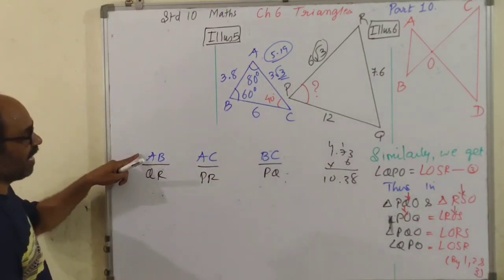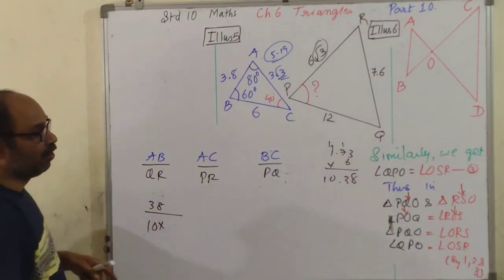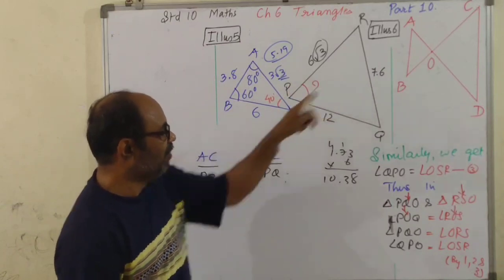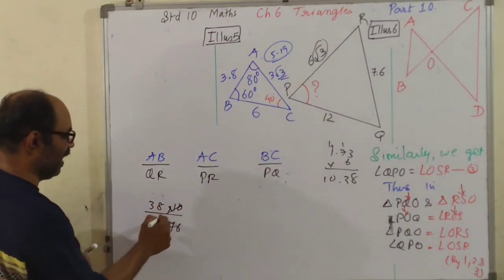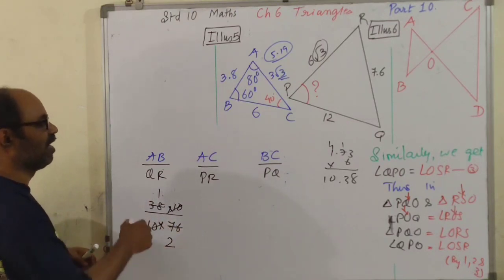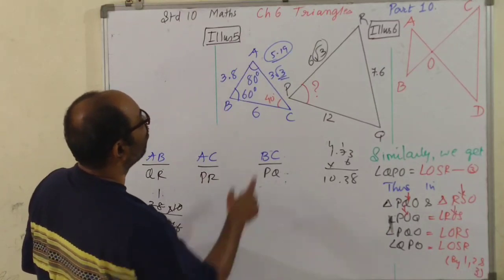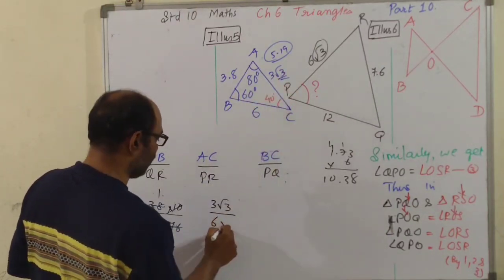Let's check. What is AB? 3.8. QR is 7.6. If you remove the decimal, 38 over 76, which is 1 upon 2. AC is 3 root 3 and PR is 6 root 3.